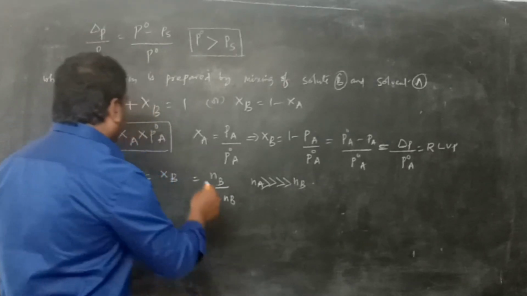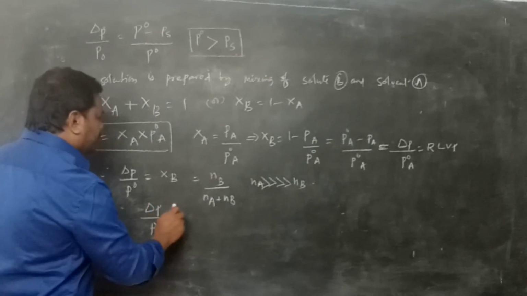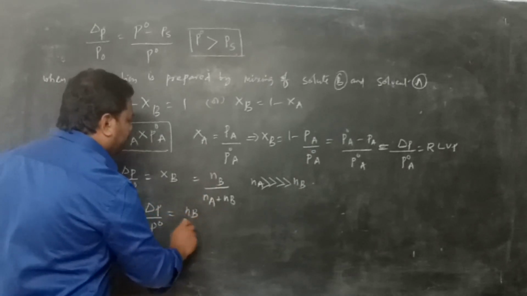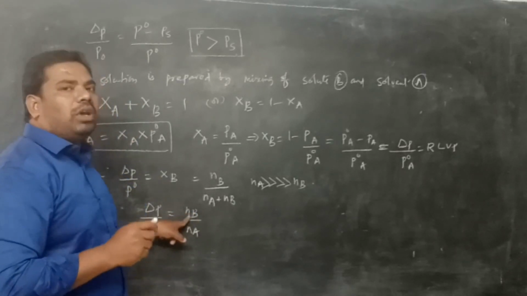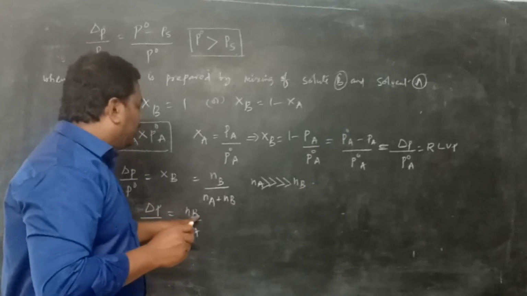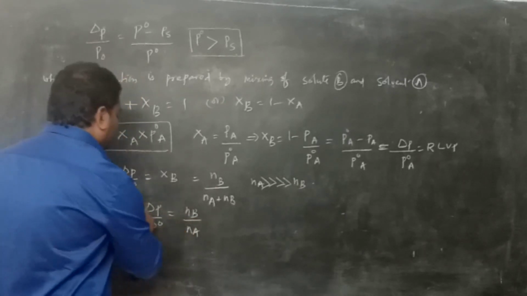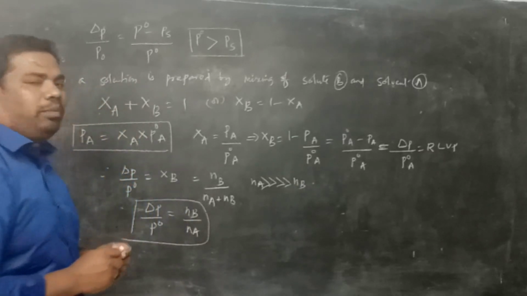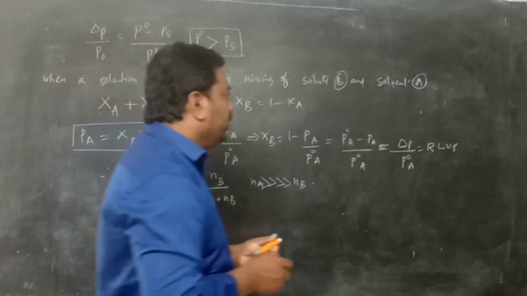So therefore we will write delta P by P naught is equal to NB by NA, student. So here what is NB, student? Number of moles of solute particles divided by number of moles of solvent. So that is equal to delta P by P naught is equal to NB by NA, student. Okay, clear, student?